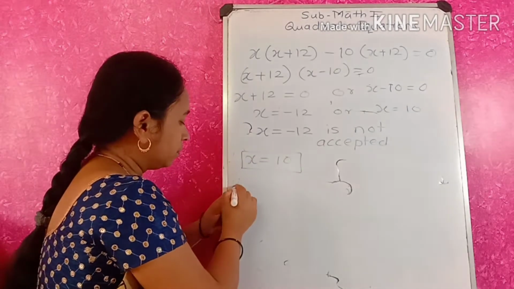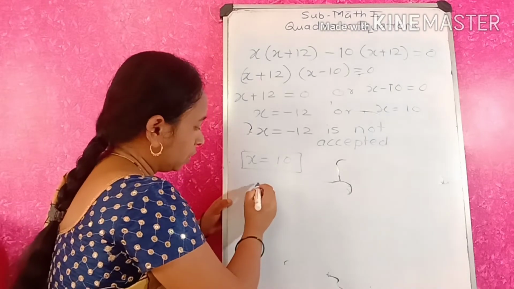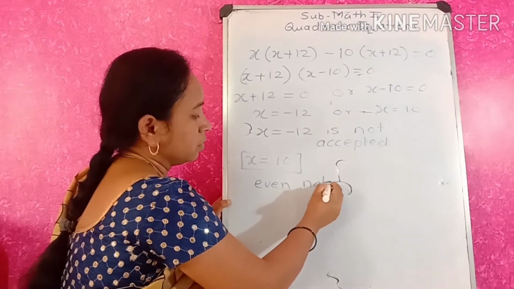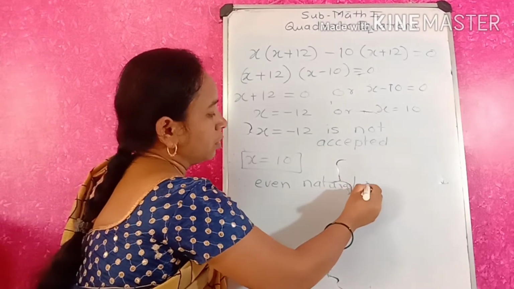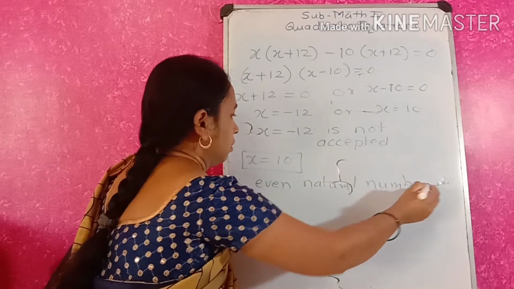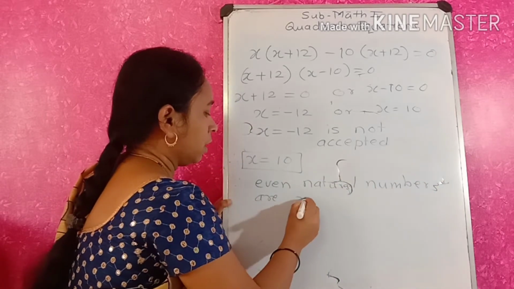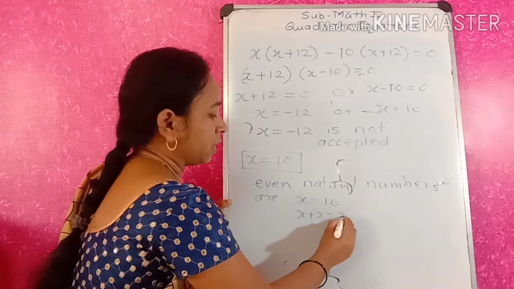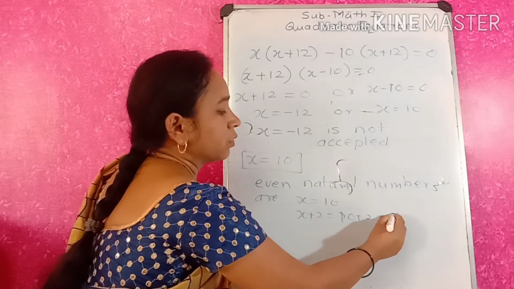So therefore the even natural numbers are x is equal to 10 and x plus 2, that means 10 plus 2 is equal to 12.